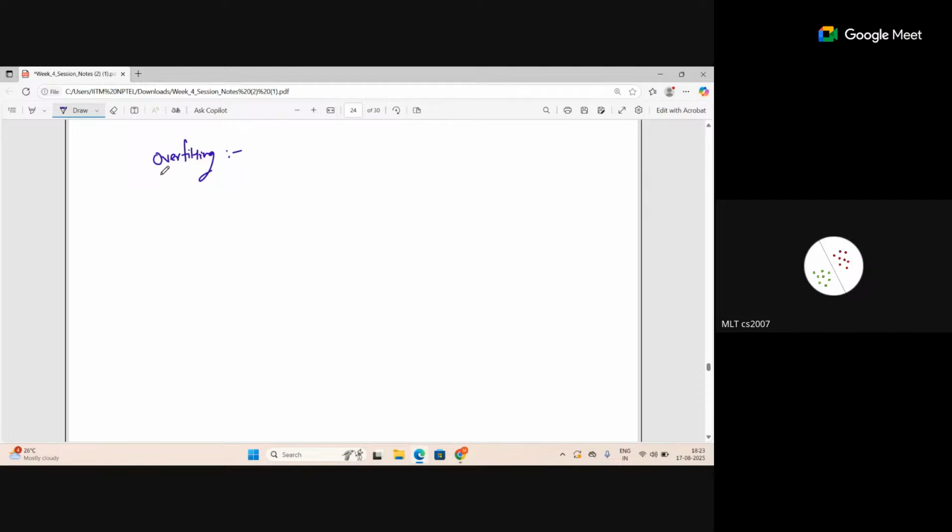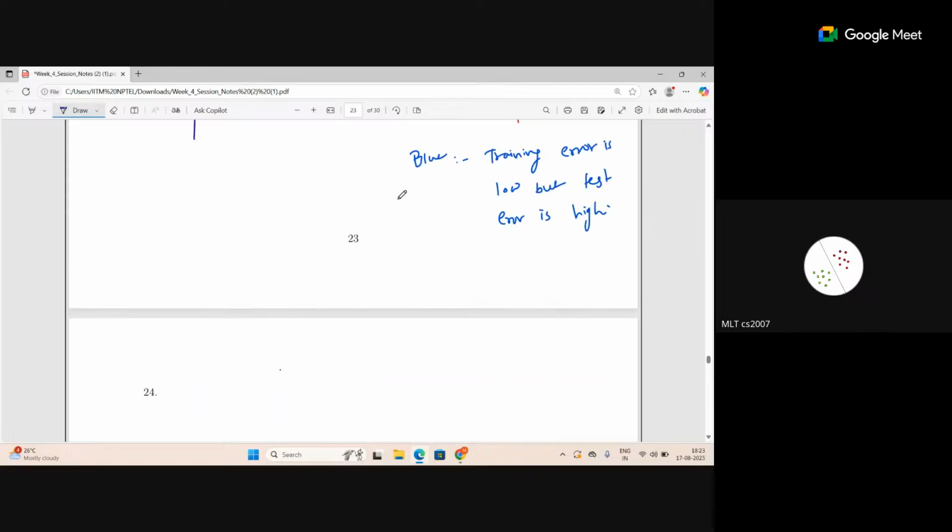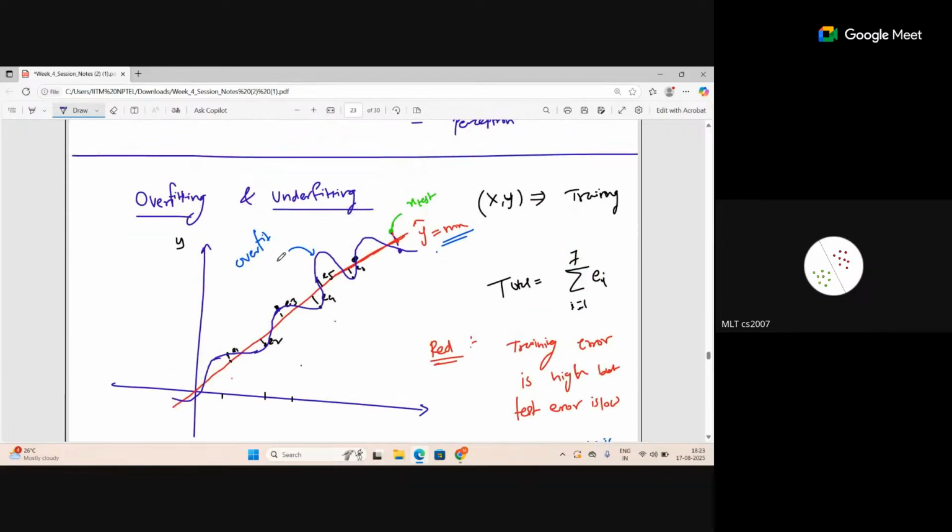I'll tell you what I'm trying to say. So overfitting happens when your training error is low and test error is high. Is that fine? Correct? That's what we have seen here, right? This blue colored curve, the training error was zero.